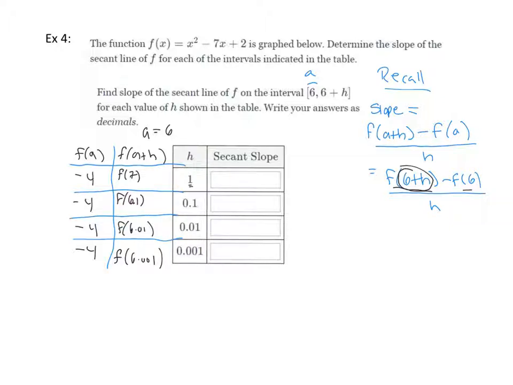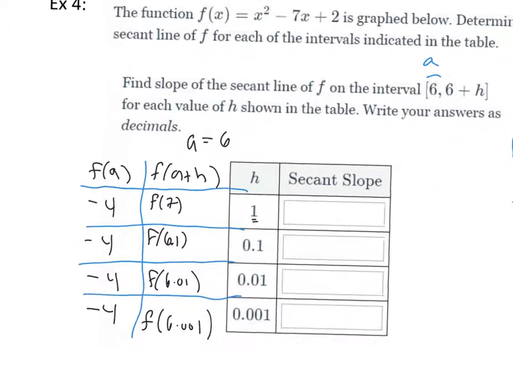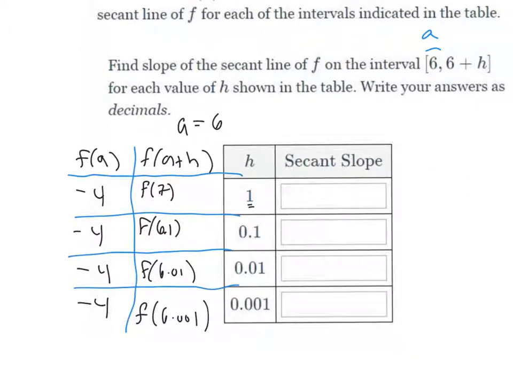So now why don't you take a second and evaluate these on your calculator. You can hit pause and then check in with what I write down. All right, so if all went well, you should have gotten that, let me zoom in, f of 7 is equal to 2. You should have gotten that f of 6.1 is equal to -3.49.